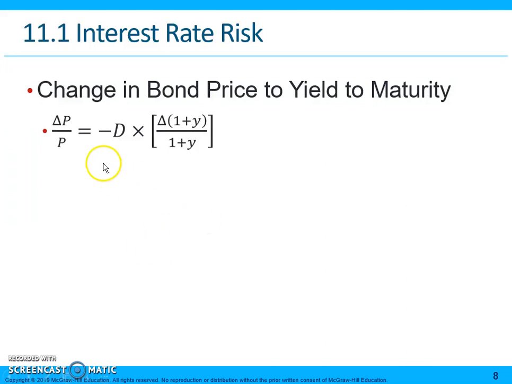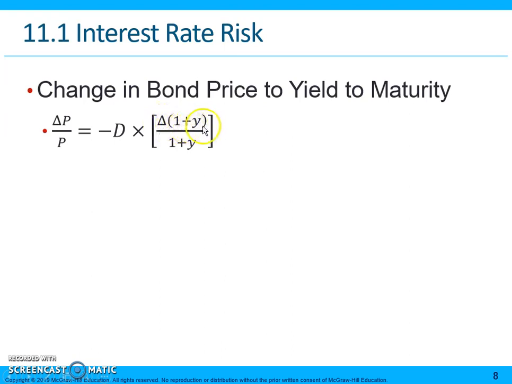The change in price divided by price is equal to minus duration, because yields and prices are inversely related, multiplied by the change in yield divided by 1 plus y.